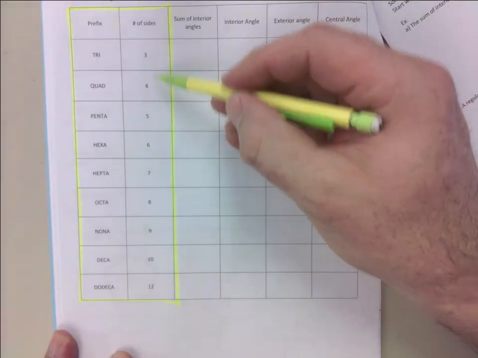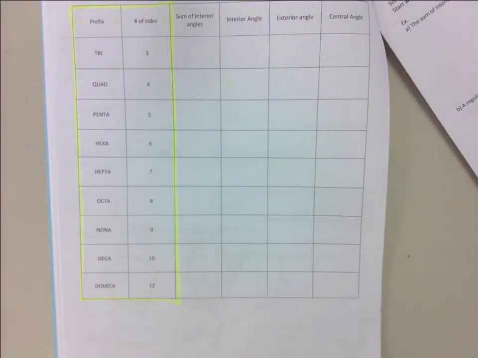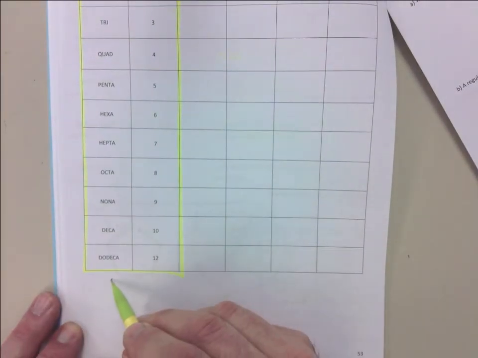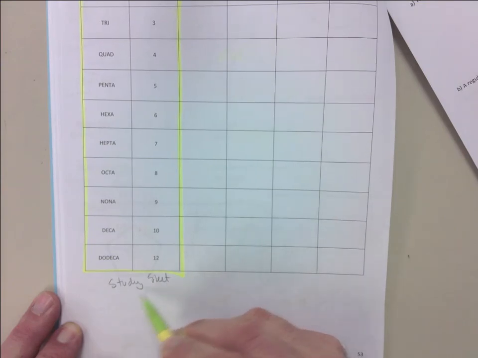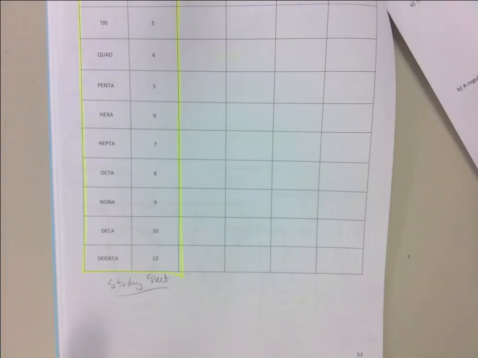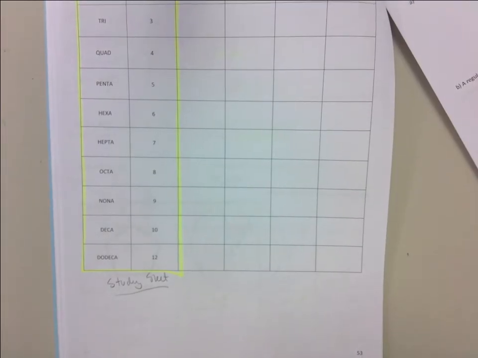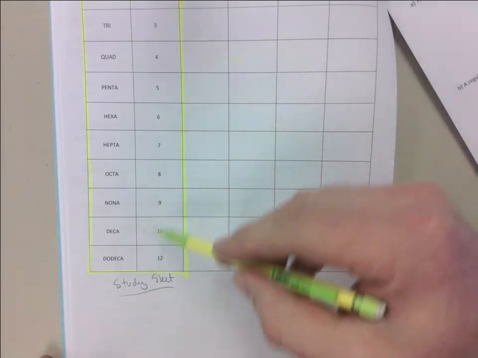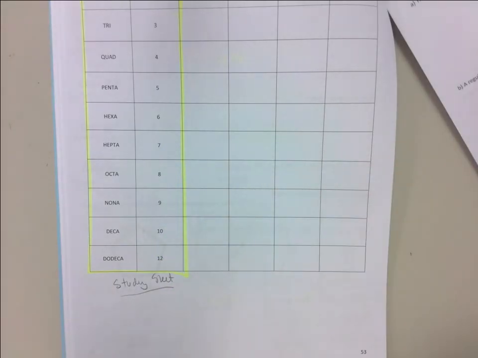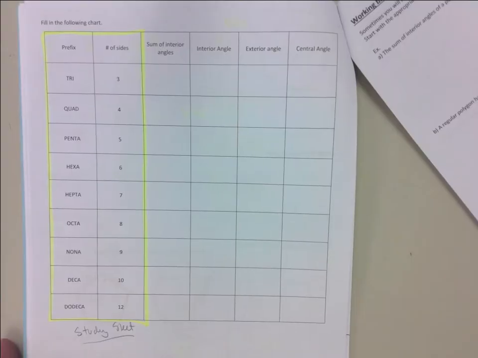So if you could, very, very small, have this on your study sheet, I will just write that down, study sheet. Most of the time it's easy ones, like hexagon seems to be very popular, pentagon, so I haven't encountered the dodecas yet on an exam, but you can never rule that out, okay?